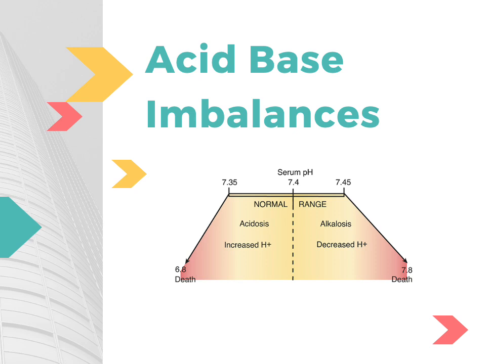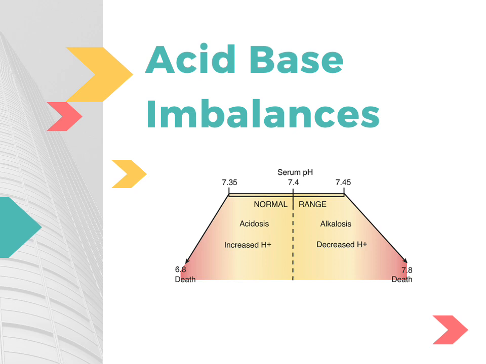When we start talking about less than 7.35, then you have a more acidotic state. This means that you have increased hydrogen ions in the body. As we get lower in the spectrum, even down to 6.8, you'll start seeing death of a patient when they're severely acidotic.